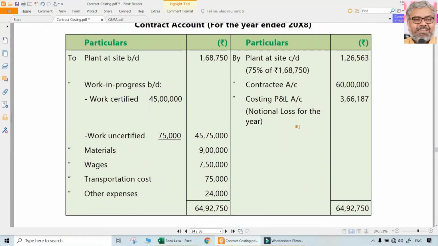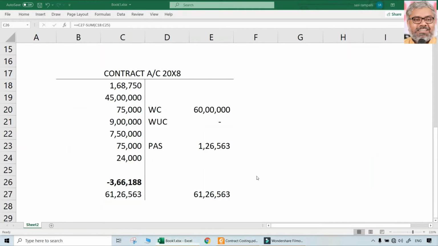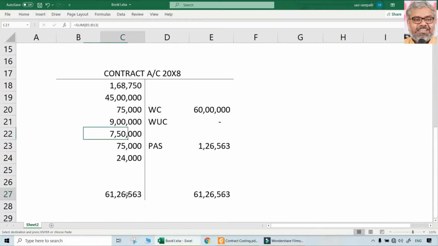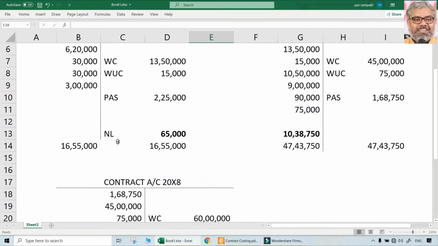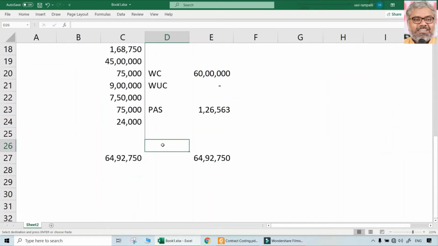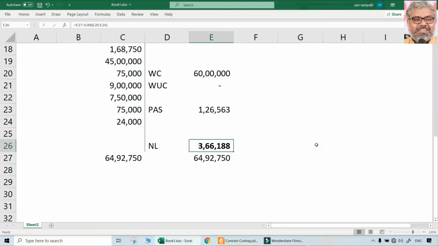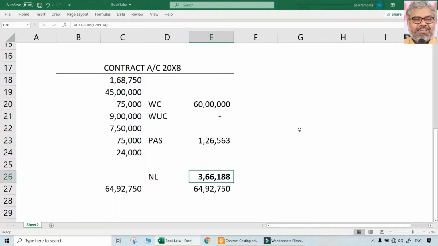Once again, loss. 366,188 loss it was. So yeah, let us go to the totaling. Debit side is higher than the credit side, so naturally there is a notional loss. That is how much? 3,66,187 or 88, whatever. That is the notional loss of the third year.